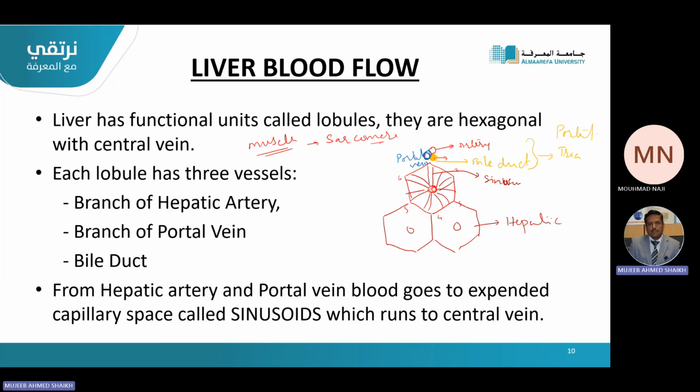Blood from the hepatic artery will be moving from the periphery to the center. Blood from the portal vein will be moving from the periphery to the center. And the bile which is formed will be moving from the center towards the bile duct at the periphery. This is how it will be moving.